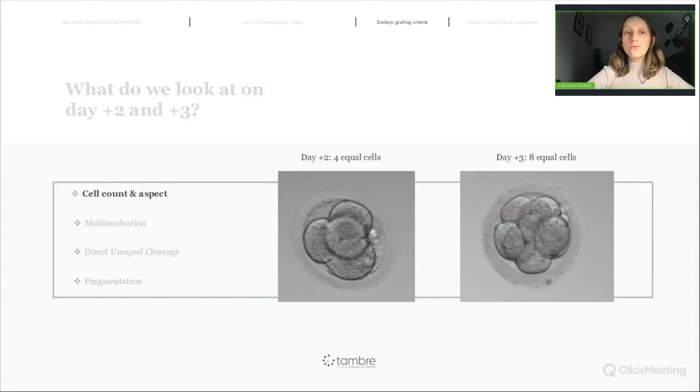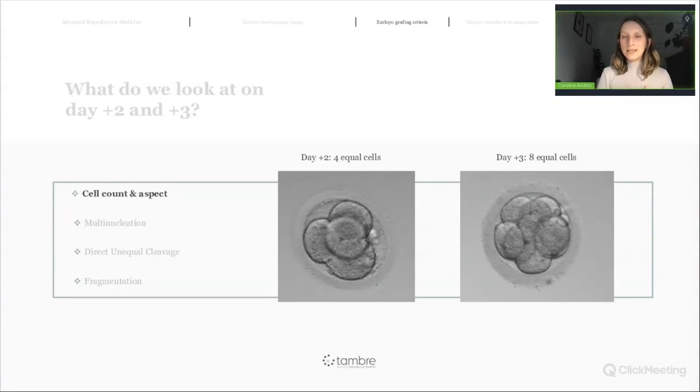Let's start with the first days, the cleavage stage. At this moment, we are going to evaluate different features. First of all, we're going to look at the cell count. We expect on day 2 to have 4 cells, more or less, and on day 3 to have 8.